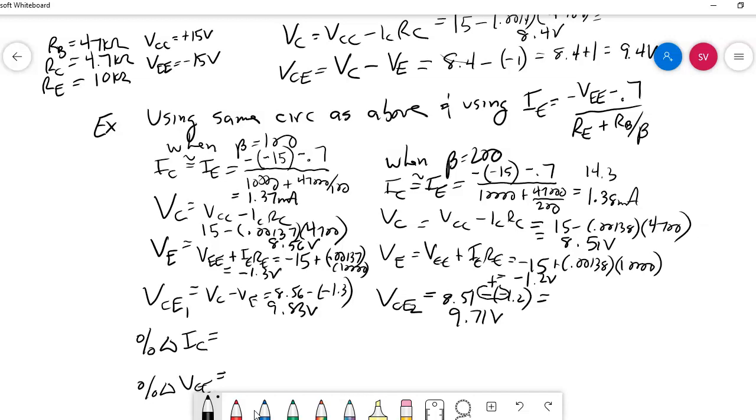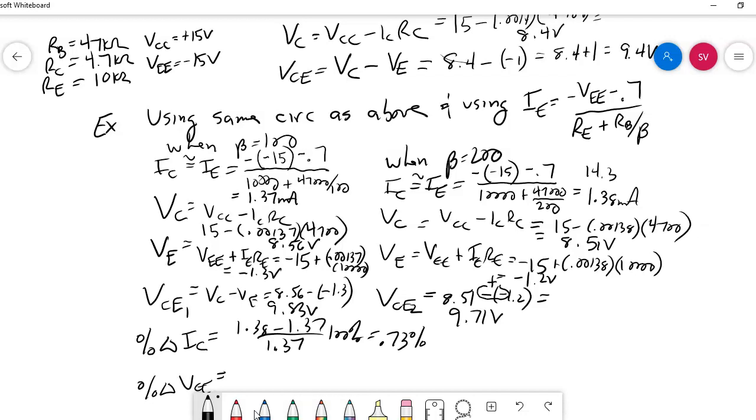Now we could calculate our changes in collector current by taking our IC2, which is 1.38, minus 1.37 over 1.37 times 100%, and we end up getting a deviation, or a change, of 0.73%, which is just under a 1% change, which really isn't bad.